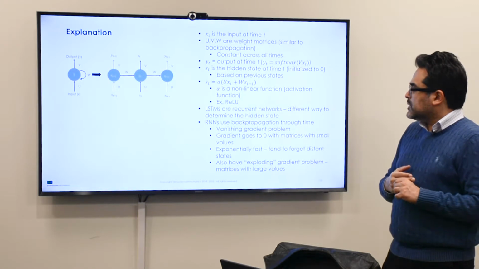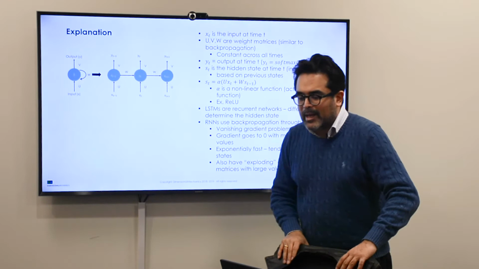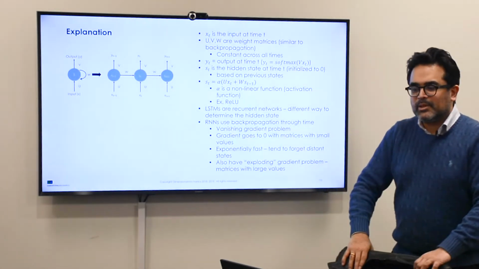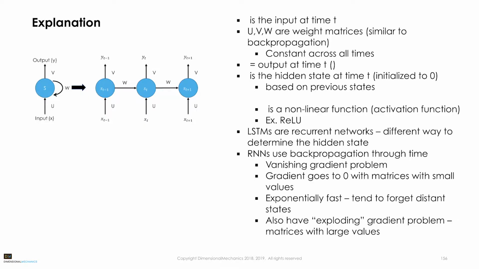One of the things is that RNNs use backpropagation through time, which is a little bit more complicated. I'm not going to go through that, but it's not a straight backpropagation problem. But the concept is the same. You're essentially calculating a derivative during this process, and you still have to calculate the gradient going to 0.